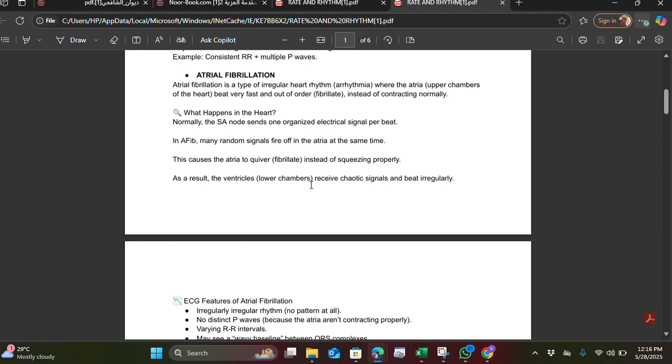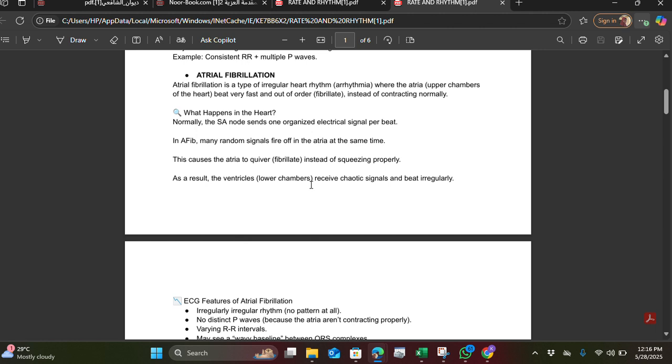I use the analogy of firing a gun at someone: instead of firing one bullet at a time, I'm firing so many guns at the same time, so the person will not even have space to die well.